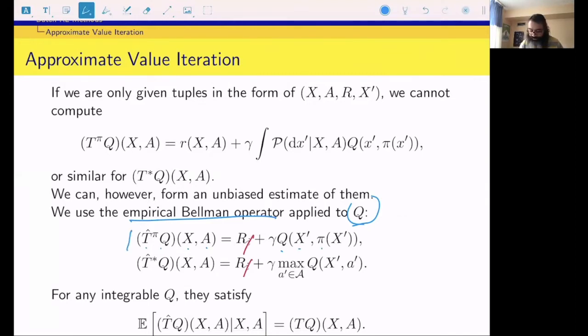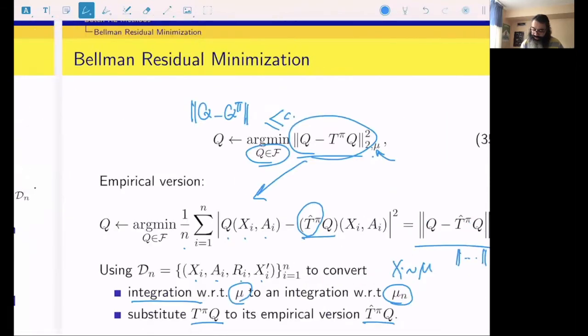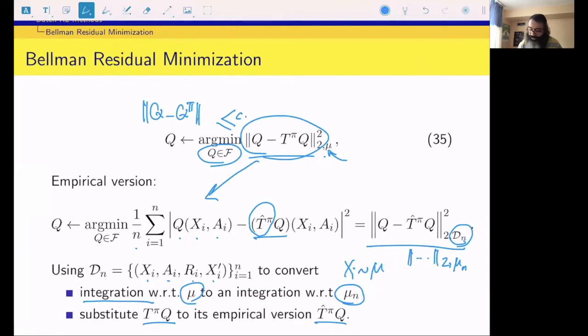So that would be the form that we have. So here this would essentially be Ri plus gamma times Q of xi and pi of xi, I think.